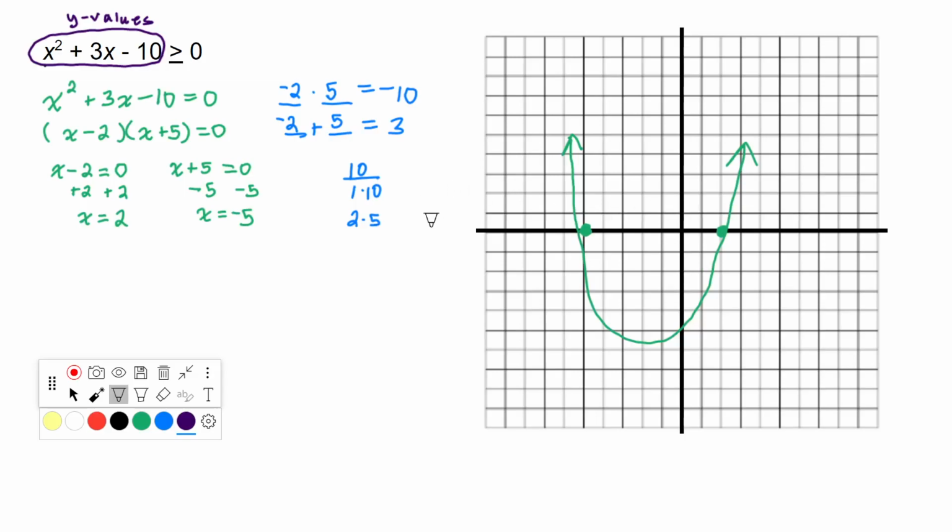So the x-axis has y equal to 0, and I'm just going to mark that on here. The x-axis is y equal to 0. If we go above the x-axis, that region is y greater than 0. And if I look below the x-axis, that region is y less than 0. So we're looking for y to be greater than 0.